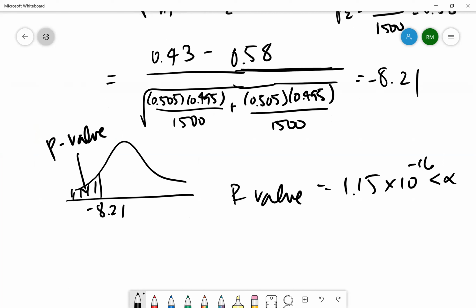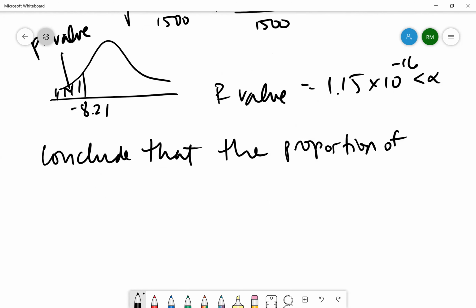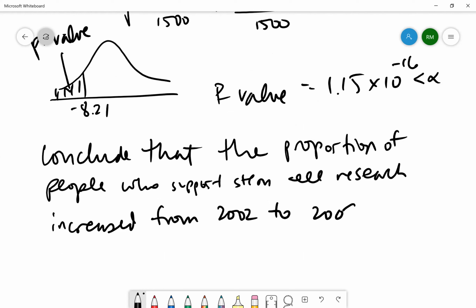That's obviously smaller than our alpha, which was 5%. So we conclude that the proportion of people who support stem cell research increased from 2002 to 2009.